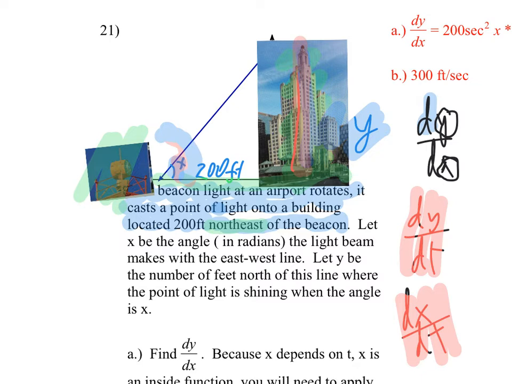So that's the speed in radians per second. So feet per second, radians per second, that would be dy/dt, dx/dt. And if you remember from the notes, dy/dx equals dy/dt over dx/dt.